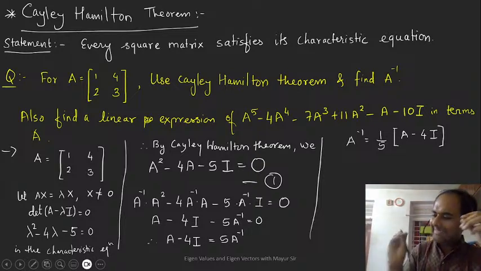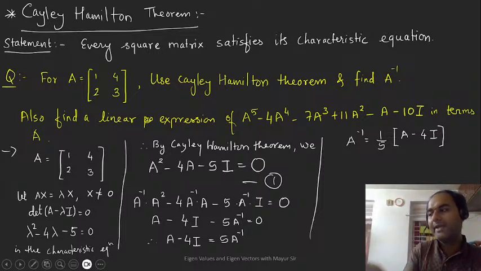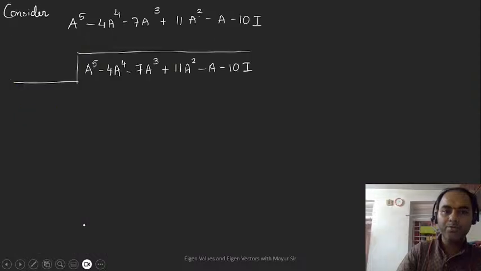These are all technical terms, you don't have to get hyper about them, but when you read you will come to know all these terms are very important. But right now, for the time being, you use lambda square minus 4 lambda minus 5, so A square minus 4A minus 5I, and perform the division.